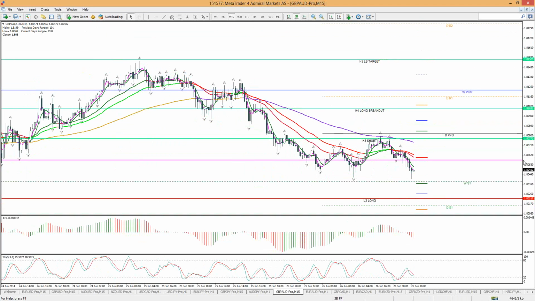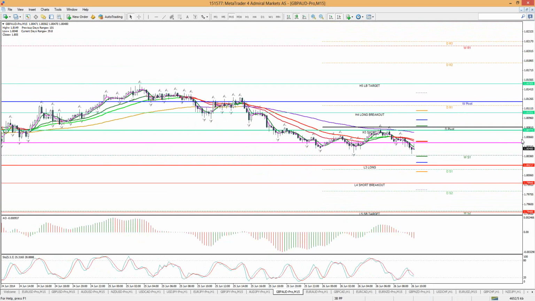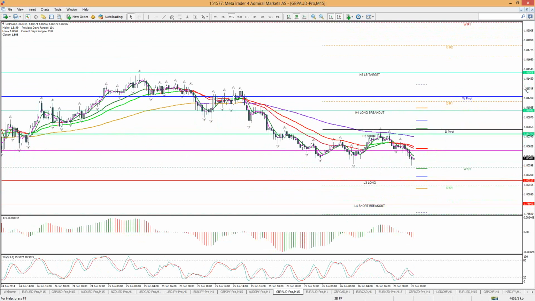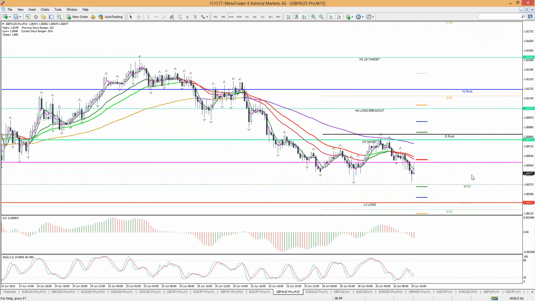Yeah, the downside could have some space here. The moving averages are bearish. The pivot points are lower below it. The L3 is still far away.